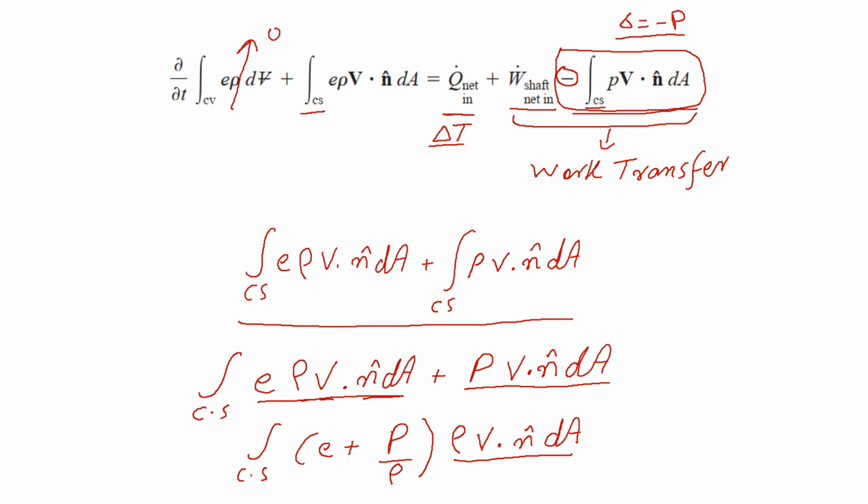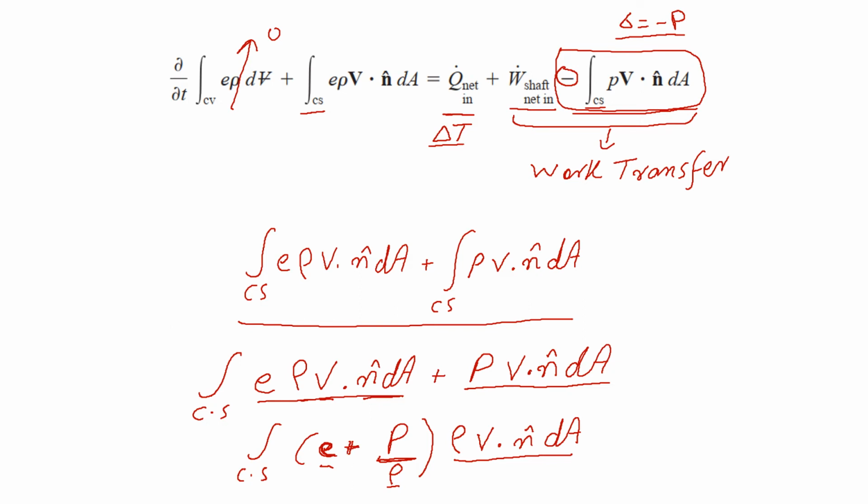By taking the density common from the pressure term, we have divided the pressure by density. So this is how we got these two terms, the specific energy, that is our intensive property, plus pressure over density.